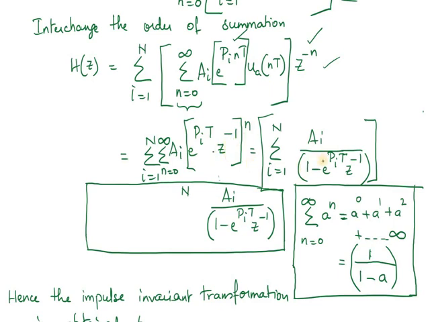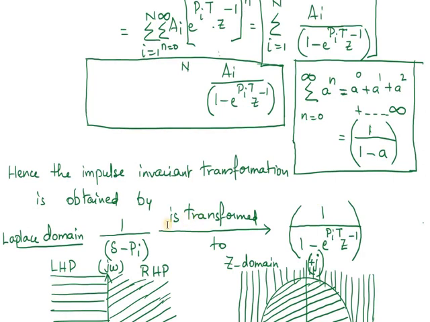This can be written as Ai divided by 1 minus e raised to Pi T into z inverse. So this is the final expression we get: summation i equal to 1 to N, Ai divided by 1 minus e raised to Pi T into z inverse.